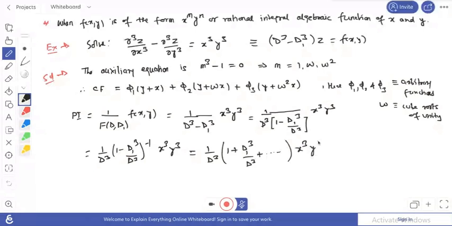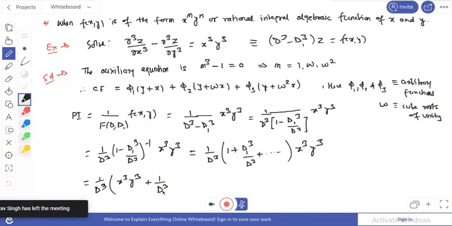Now this equals 1 over D cube, and if you multiply this out, the first term is x cube y cube, plus 1 over D cube times the derivative of that. What is the third derivative of this function with respect to y? D1 is del over del y.